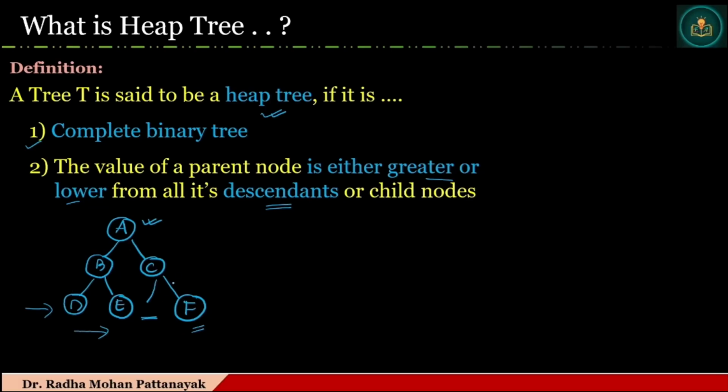All the child nodes of A are called descendant nodes of A. In this figure, for A, B, C, D, E and F all are called descendant nodes. Clear? Similarly for B, the descendant nodes are D and E. I hope you understood. So as per the second rule, the value of a parent node is either greater or lower than all its descendant nodes.